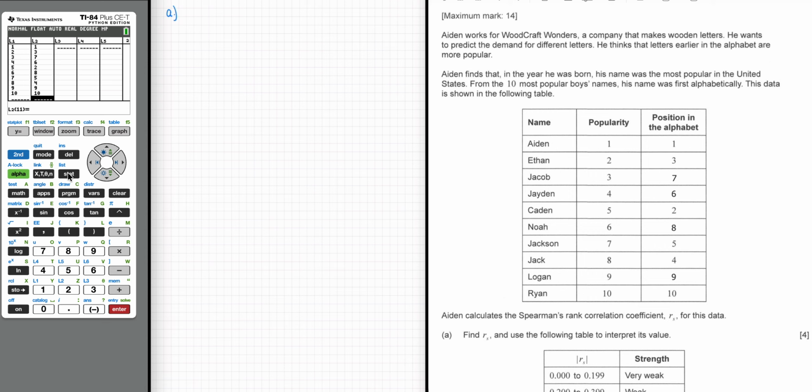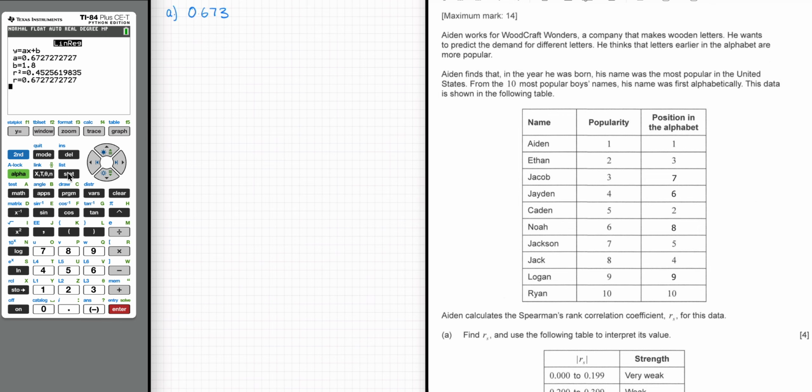And there we go. So we're now going to go into statistics, calculations, and linear regression. And we can see there that the regression, or the R value, is 0.6727. Since we know that we need to write it as 3 significant figures, the answer is 0.673.